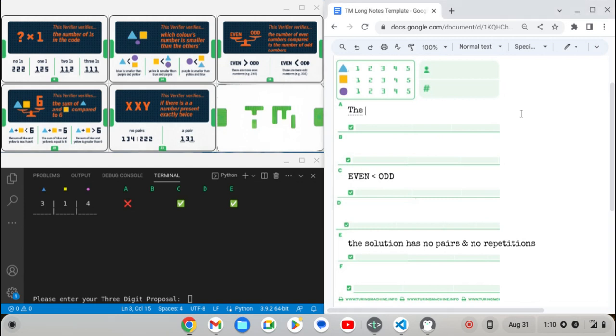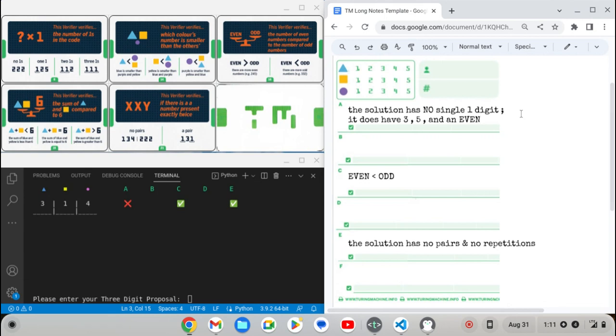The solution has no single 1 digit, which means that it does have a 3, a 5, and an even.